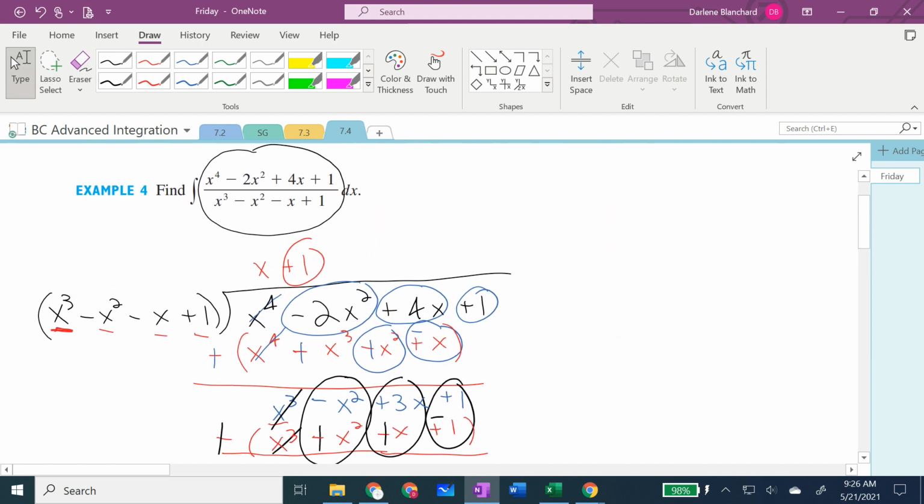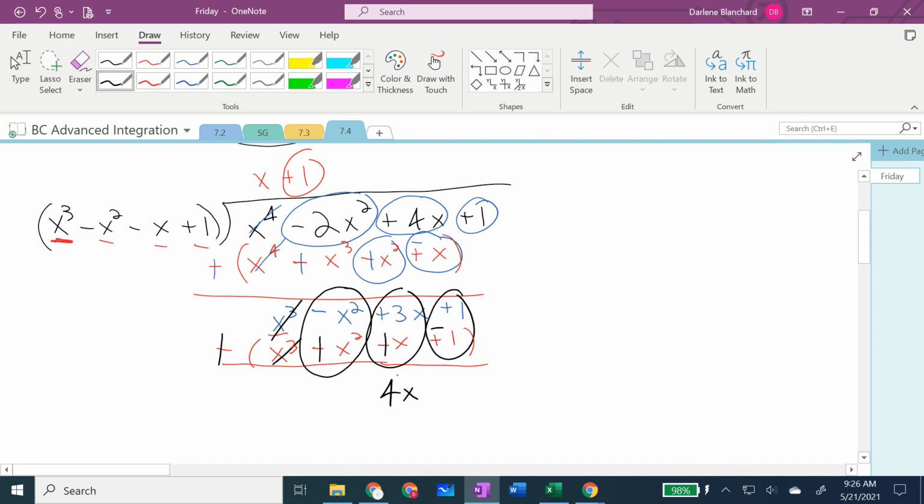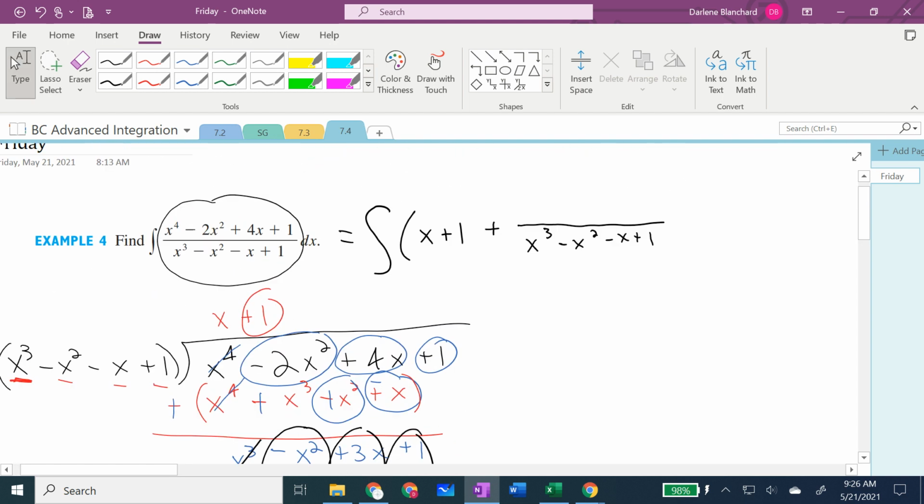So when I do the division, I'm rewriting this integral as an entire polynomial of x plus 1 plus, and then I still have that denominator. But now I only need to put the remainder of 4x above it. So my 4th degree polynomial over a degree 3 polynomial.